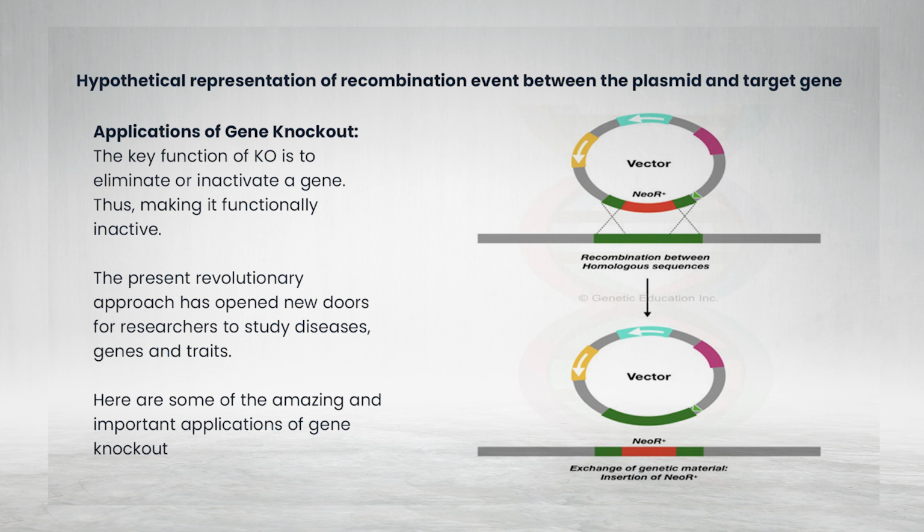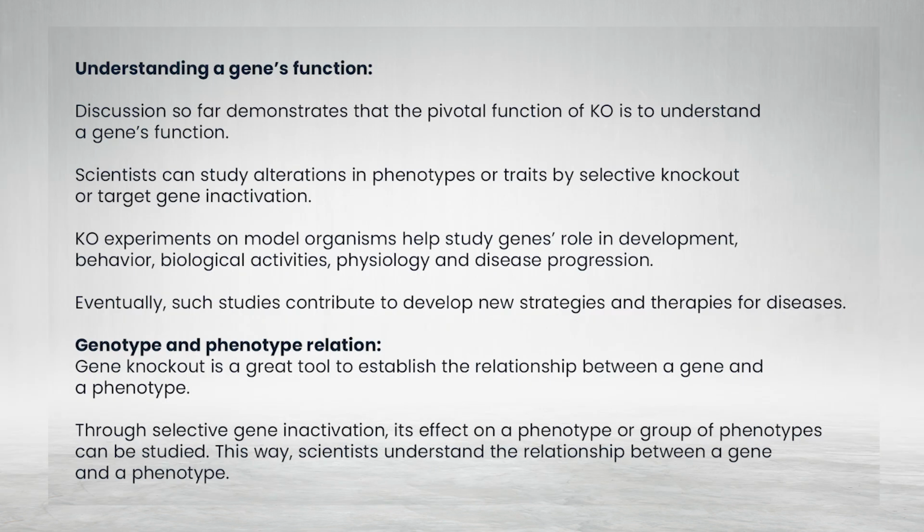The key function of knockout is to eliminate or inactivate a gene, thus making it functionally inactive. The present revolutionary approach has opened many doors for researchers to study diseases, genes and traits. Let us look at some of the amazing and important applications of gene knockout. The first one is to understand a gene's function.